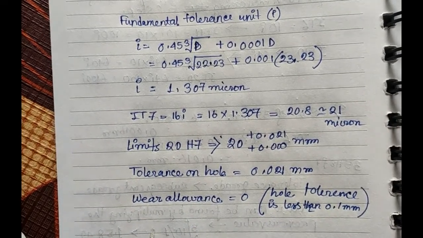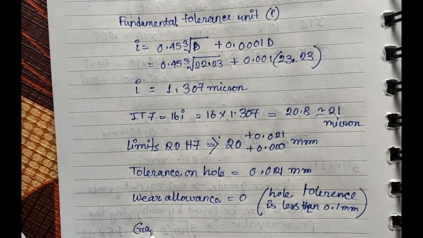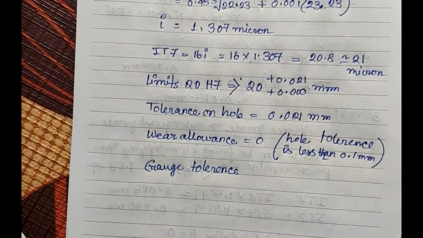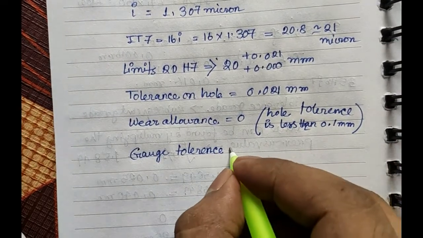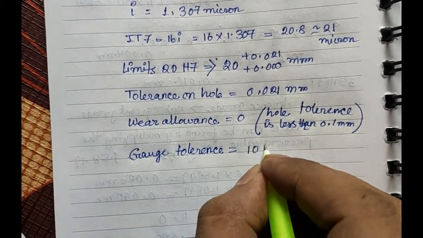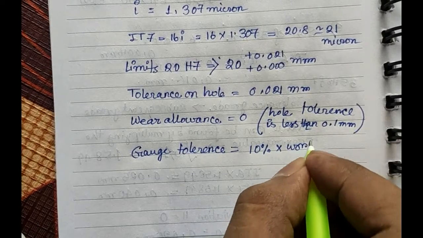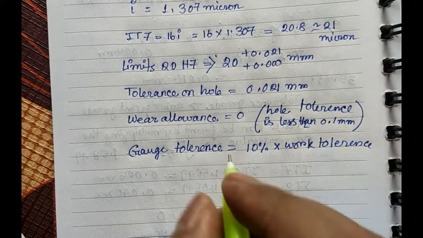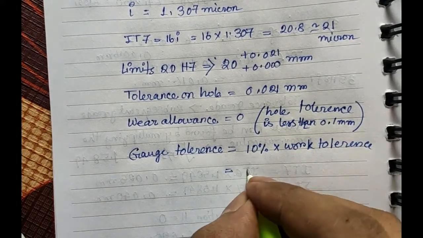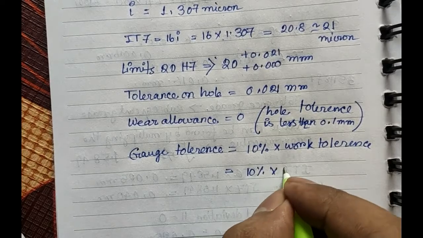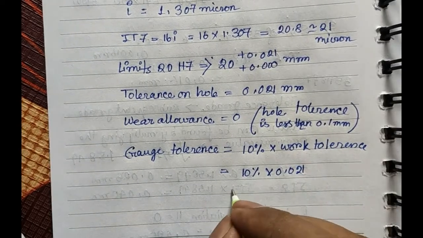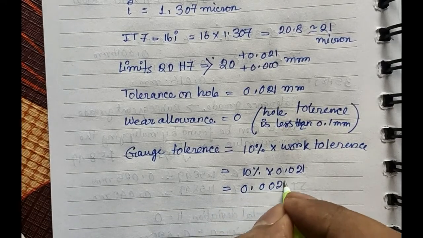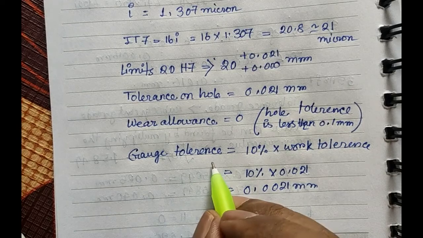Okay, wear allowance will be 0, and gauge tolerance will be 10% into work tolerance, that will be equal to 10% into 0.021, so it will become 0.0021 mm. That is the gauge tolerance.